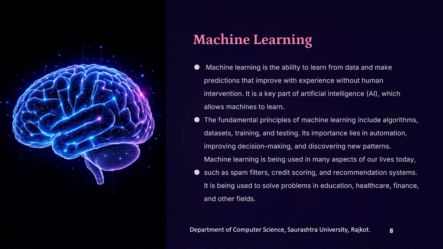But all these algorithms come under machine learning. And in machine learning, we require certain algorithms, and we require a data set, past data. Based on the past data, we need to divide certain data for training and certain data for testing. And in this way, we can use the automated decision making process.